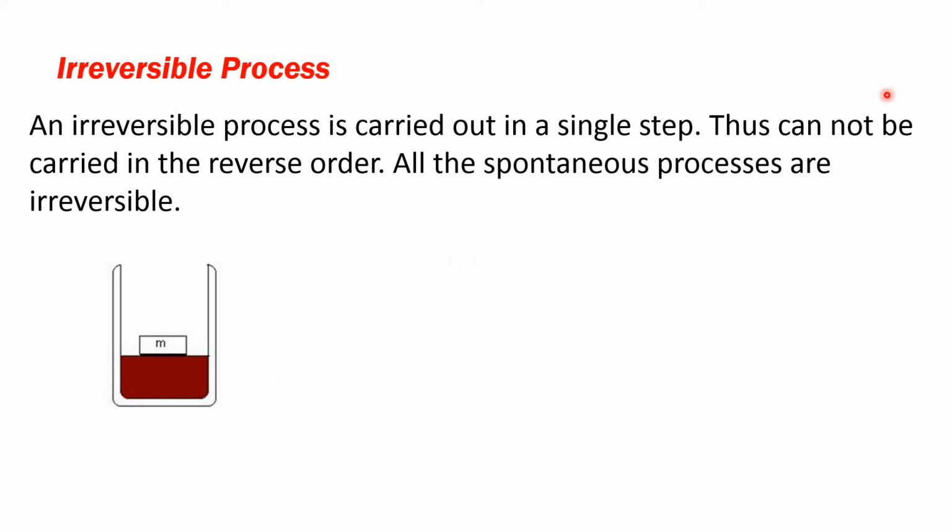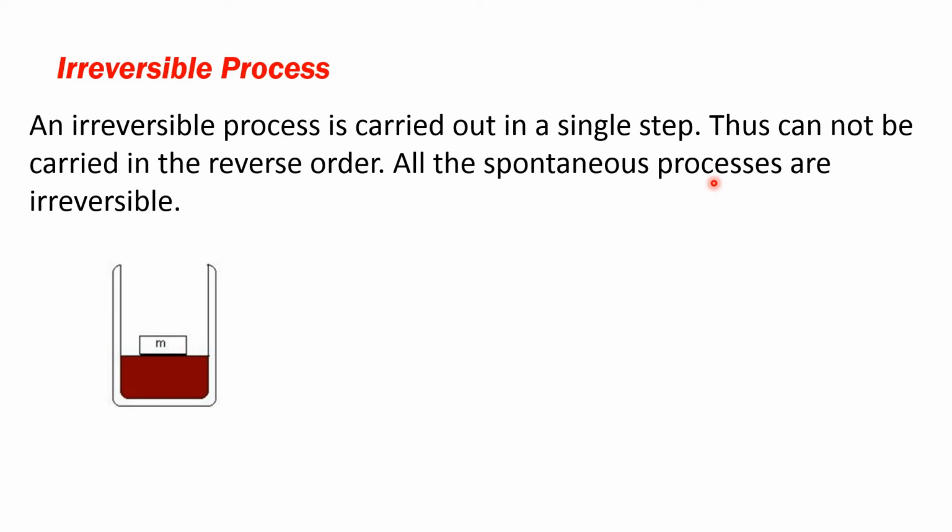Say for example, here also the gas is enclosed in this cylinder, and above the gas is some lid and above it some weight is kept. Okay. Now external pressure means atmospheric pressure and this weight, acting downwards, and the gas pressure is acting upwards.